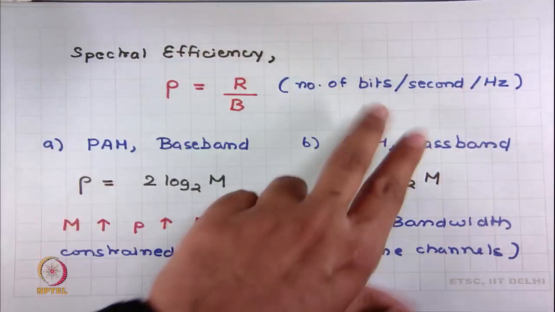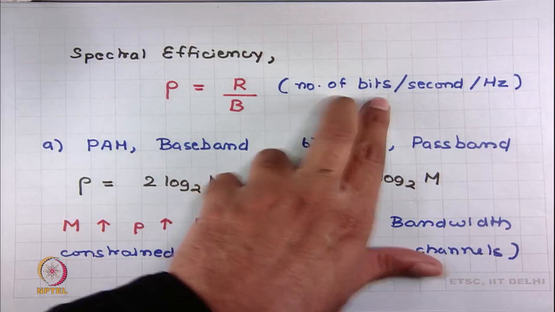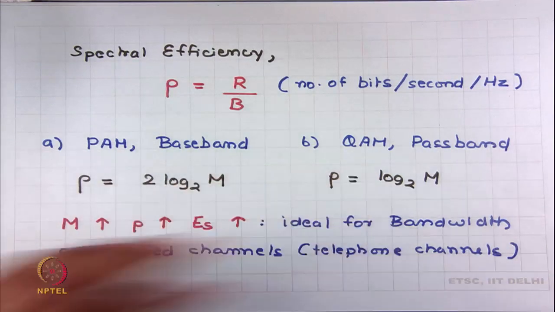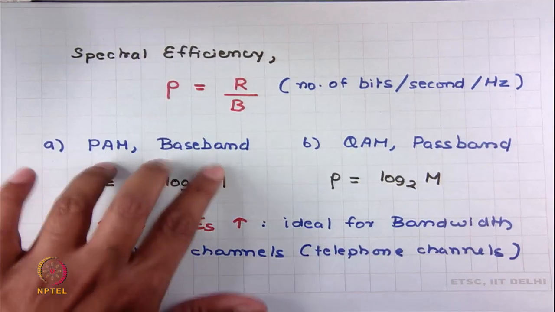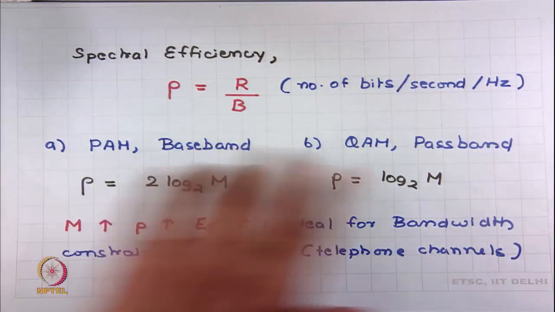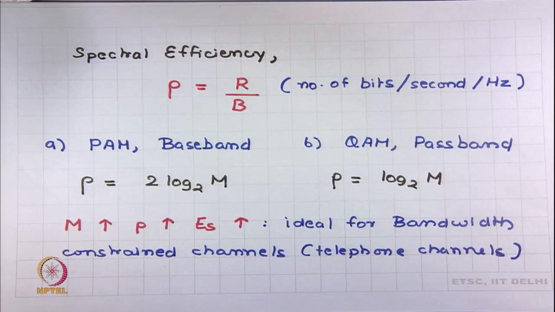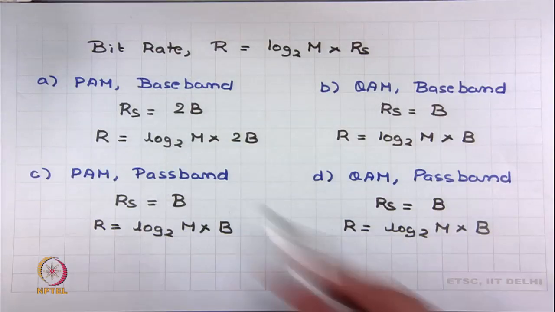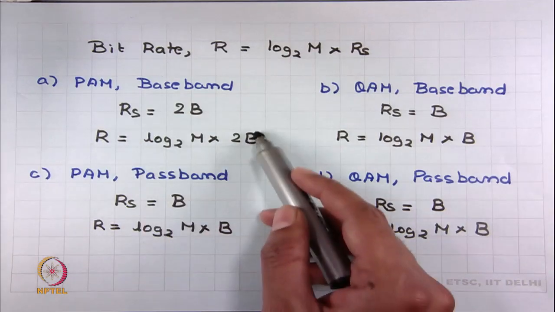So, the unit of spectral efficiency is number of bits per second per hertz. And the two most practical cases that we need to consider are PAM at baseband and QAM at passband. PAM at baseband, you already have calculated the bit rate.